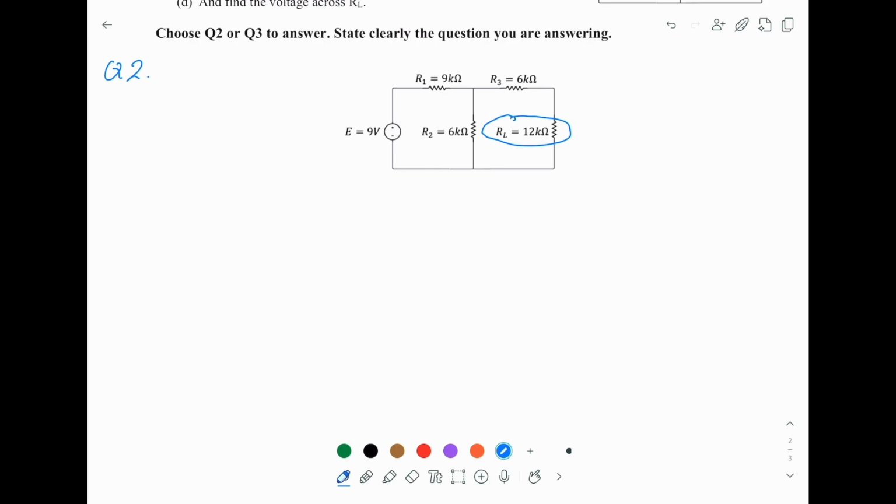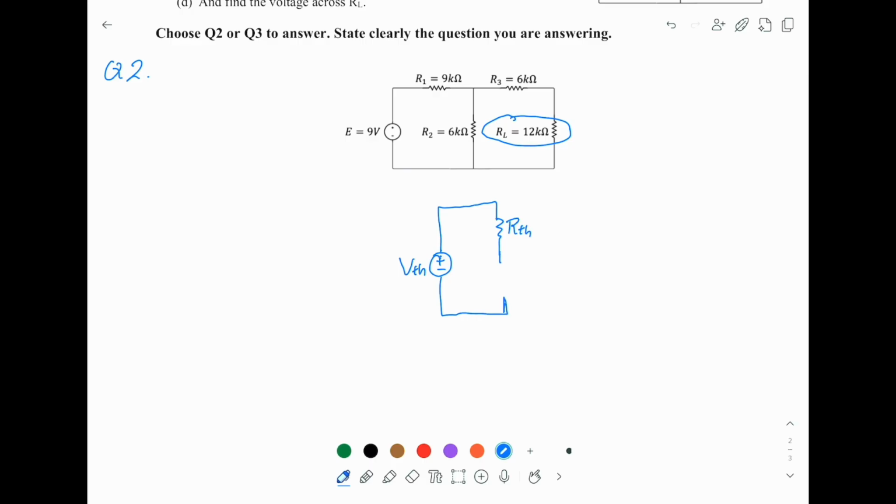So what I mean is we have to replace anything outside with another new potential source, which we call the Thevenin voltage. And we found another resistance, which we call Thevenin resistance. Now, these two are everything outside the load.